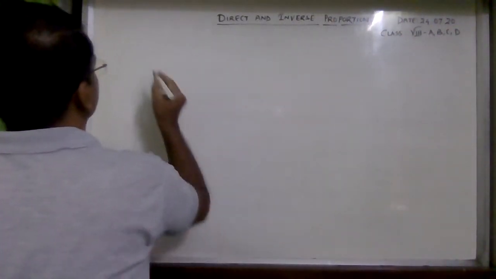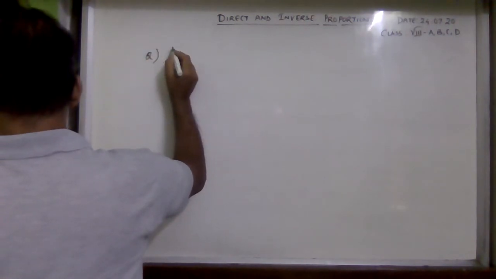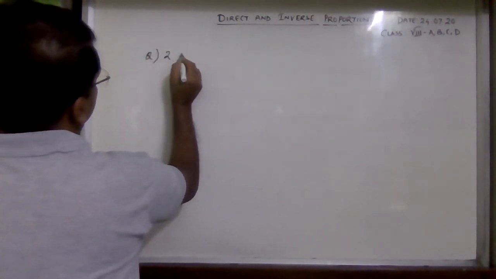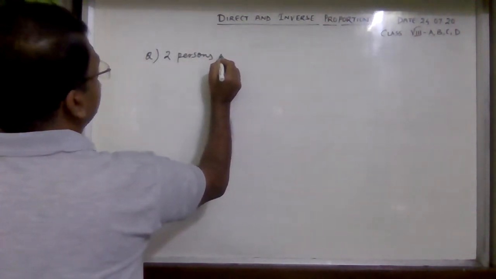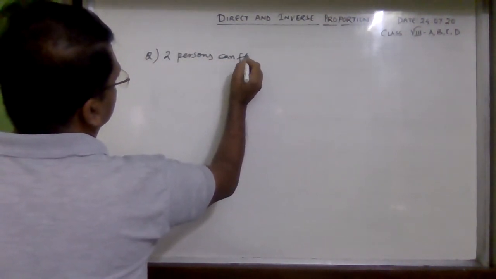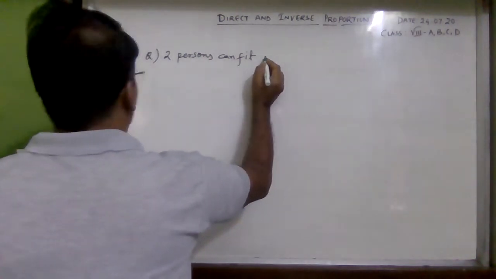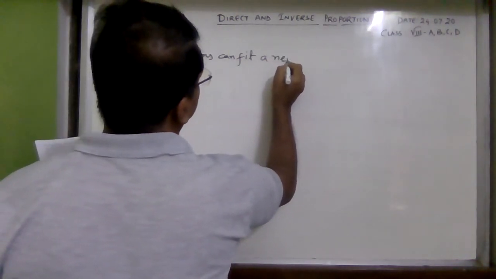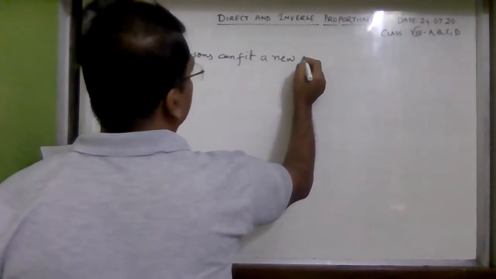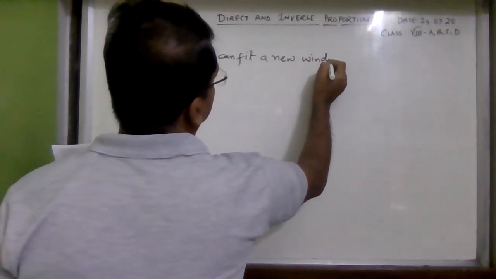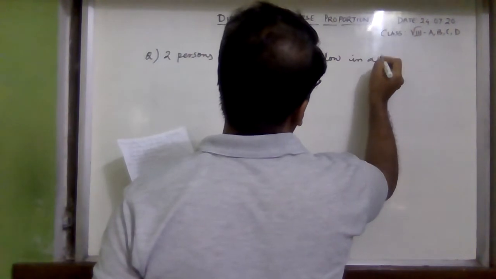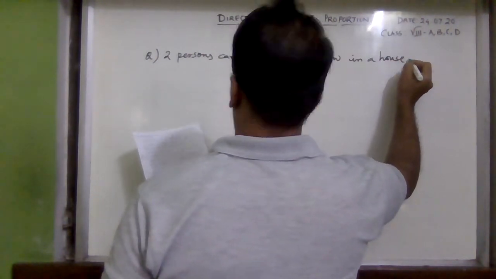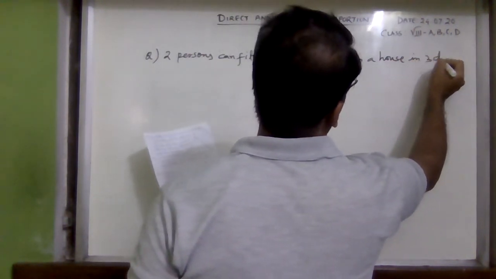Next question is, two persons can fit a new window in a house in 3 days.